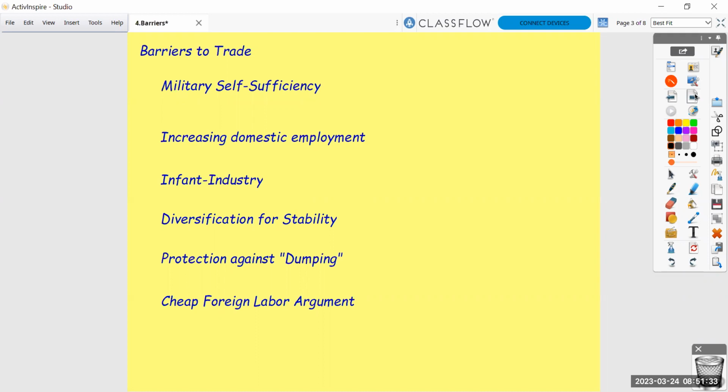The fifth one is called protection against dumping. Now, dumping is not trash. Dumping is when a company or a foreign industry loads our market with below-cost items, so that we have no way of competing with them because they're putting it out into the market at such a low cost.